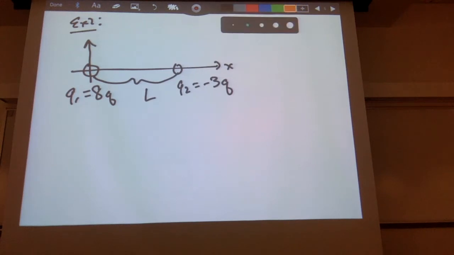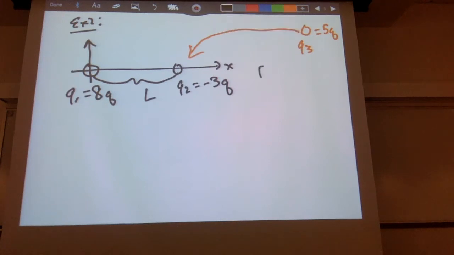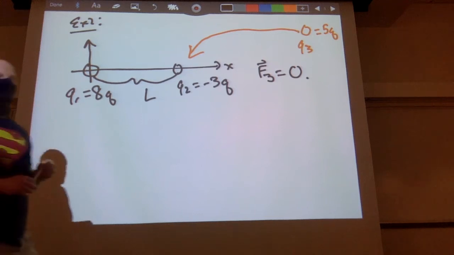Now what I want to know is, if I have another charge out here, Q3, which is equal to 5 times Q, if I remember correctly, where can I bring this into this configuration so that the total force on Q3 is equal to 0? Where can I place Q3 such that the total force on it is going to be equal to 0?